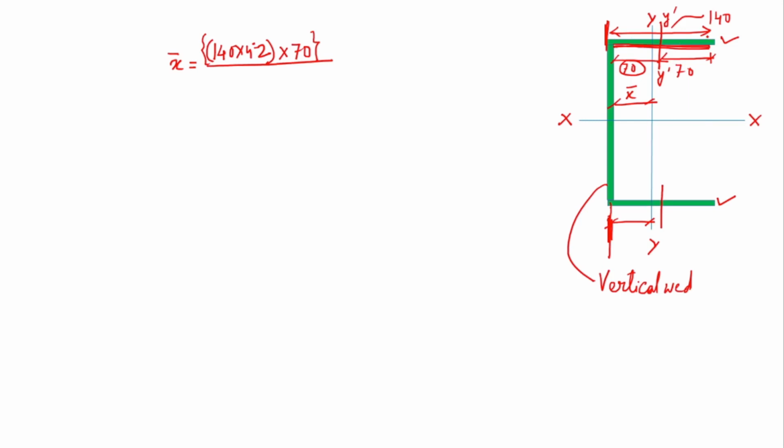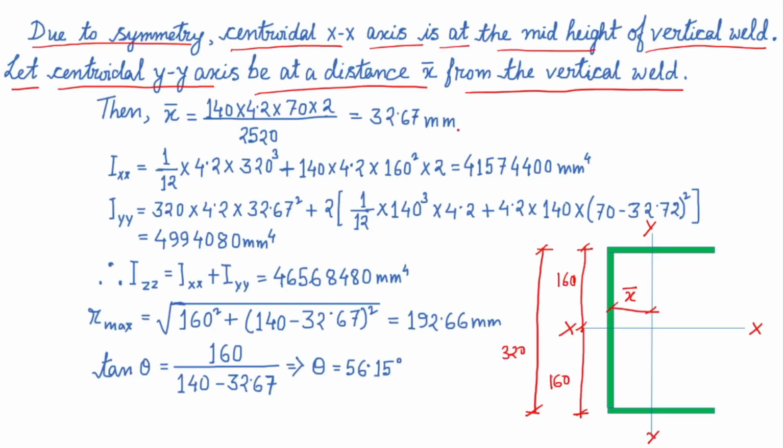So we can directly multiply it by 2, and this is divided by the total area of the weld, which is 2520. So finally we shall get the value of x bar, which is calculated as 32.67 mm.